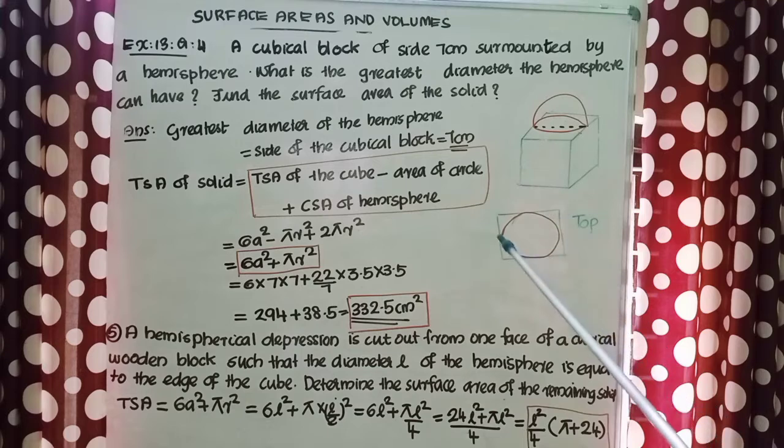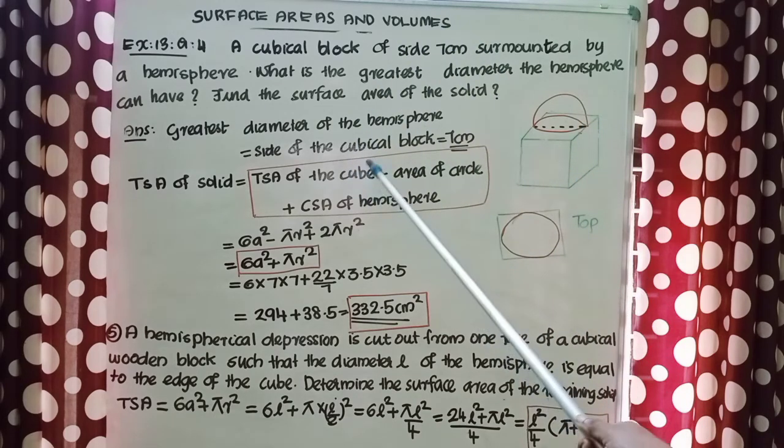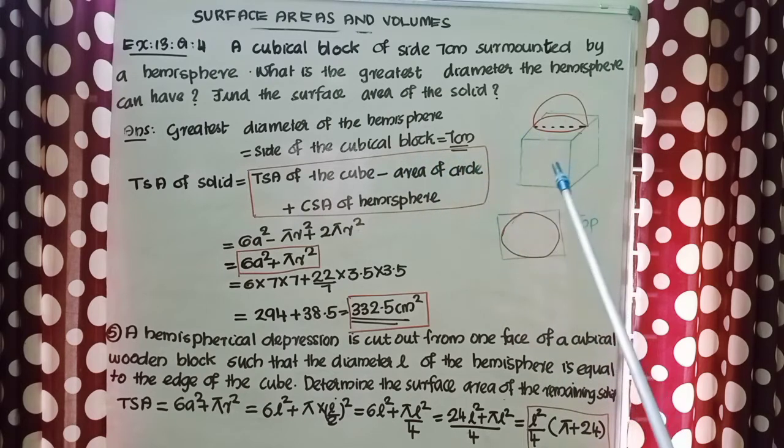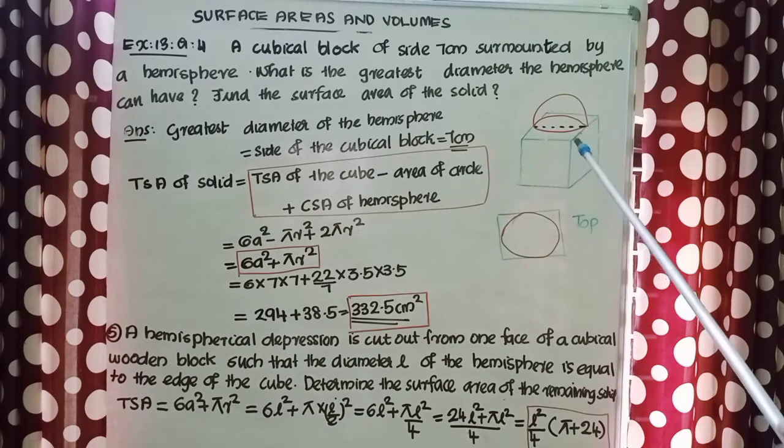In that top portion, a circular part is taken for this hemisphere. So total surface area of cube minus area of circle, that is only needed for this cubical portion.